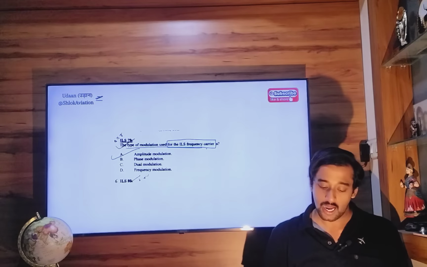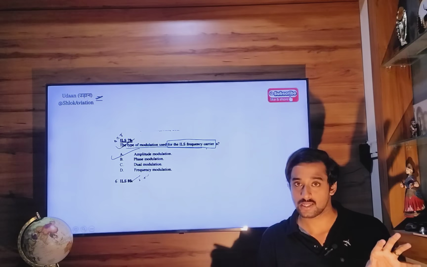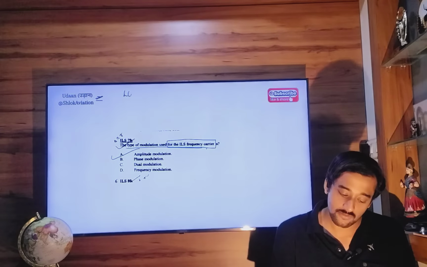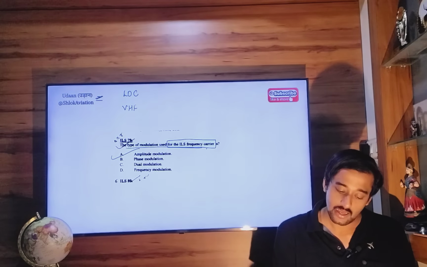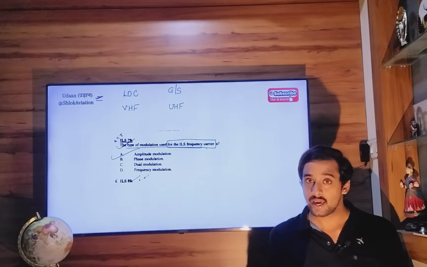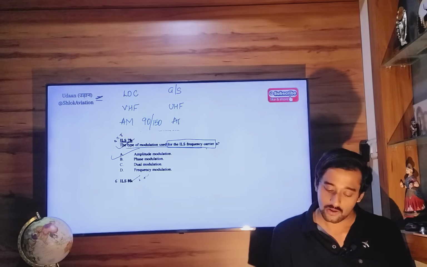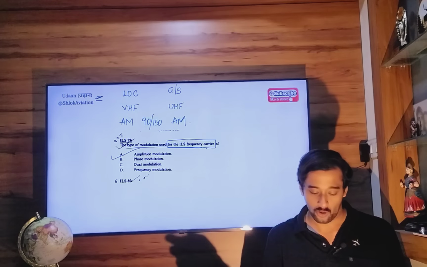Your ILS localizer and glide slope transmit on a main carrier frequency. The localizer will transmit in the VHF band. The glide slope will transmit in the UHF band. And this main carrier frequency is further amplitude modulated at 90 Hz and 150 Hz. So it's amplitude modulated.